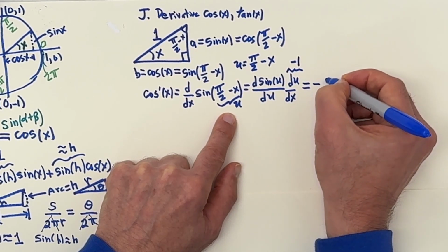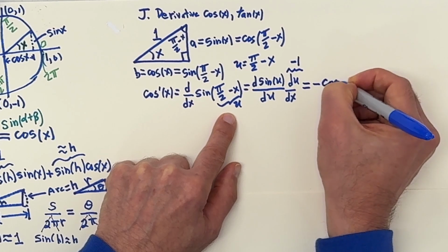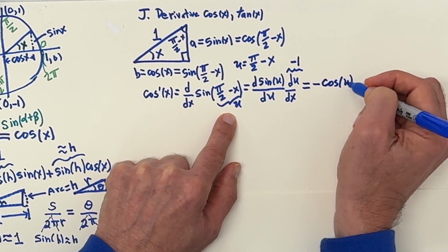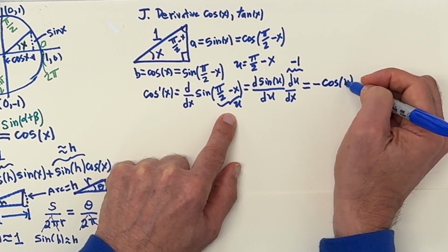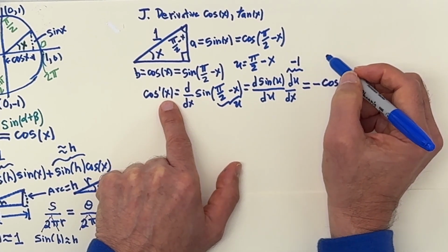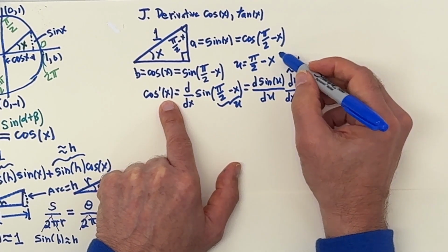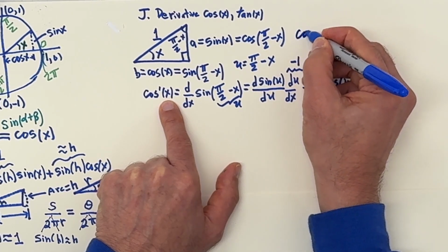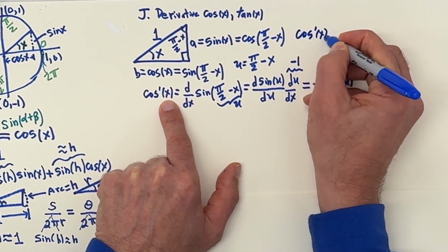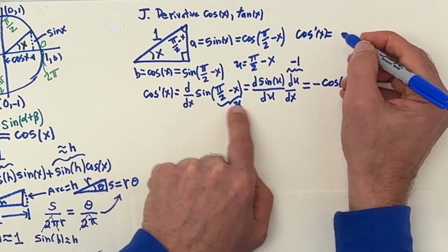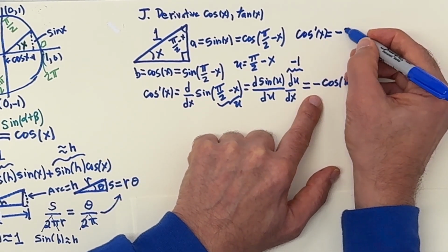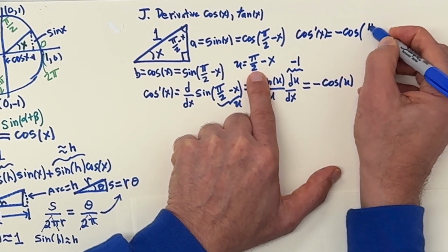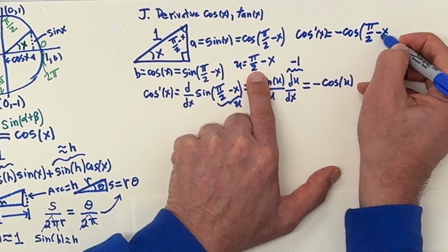So this is minus the cosine of u, but we're not finished yet because we would like to express that u in terms of x, since we started with x here. So we're going to go ahead and put this in. So this derivative is going to be equal to minus the cosine of u, which is pi over 2 minus x.